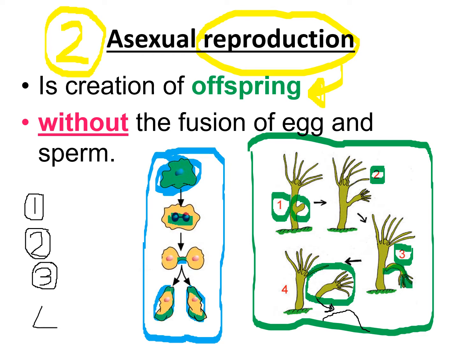Our last and final example, number 4, is called parthenogenesis. It's quite a mouthful, but simply what that means is that your organism is able to reproduce from an unfertilized egg. And this generally takes place in lizards, and what happens is during the process of meiosis, so remember, meiosis takes your chromosome number from diploid to haploid.